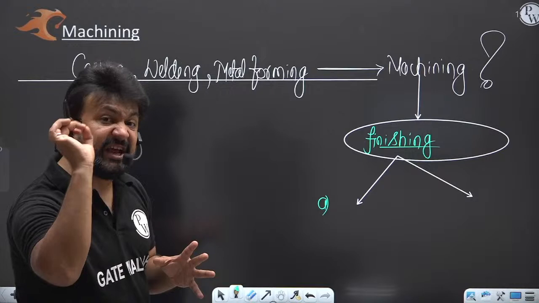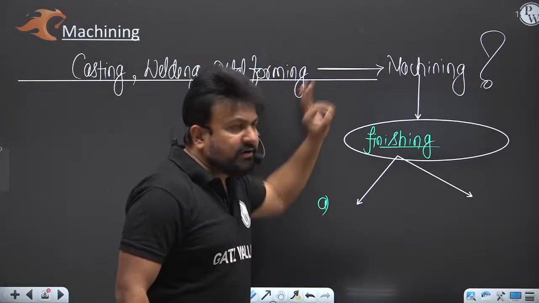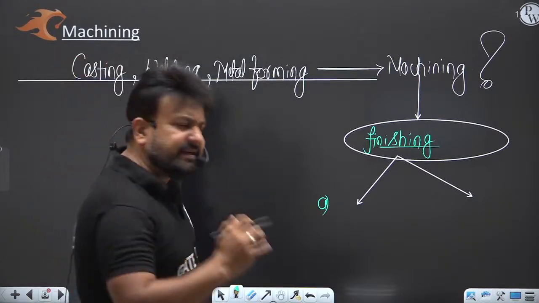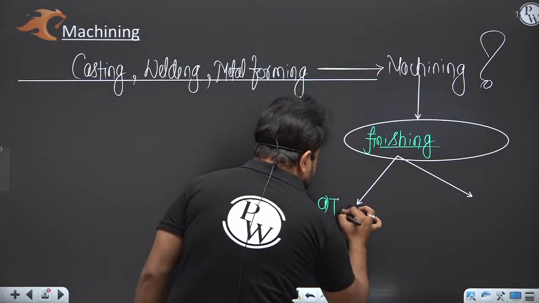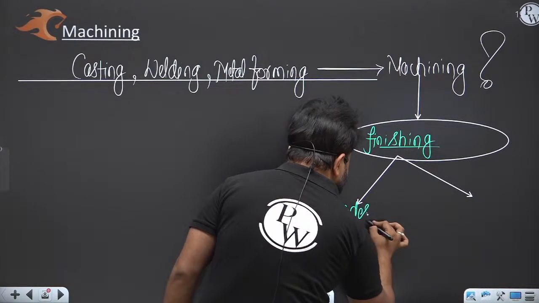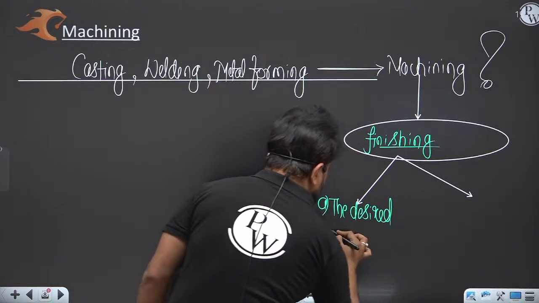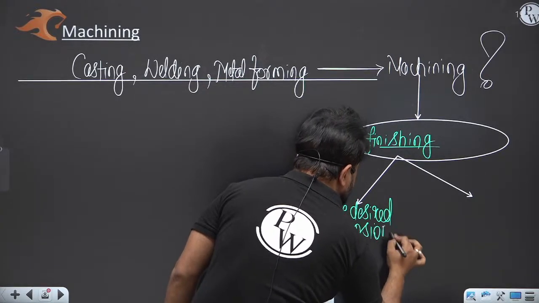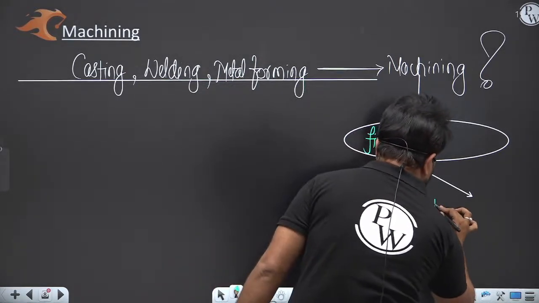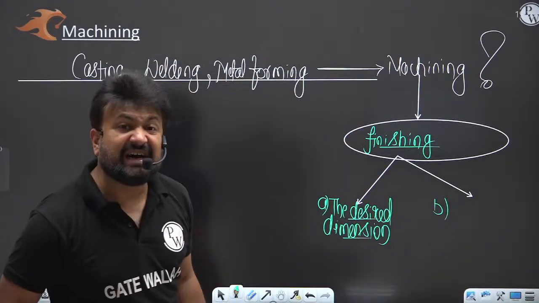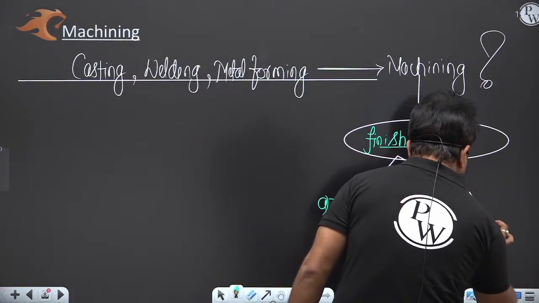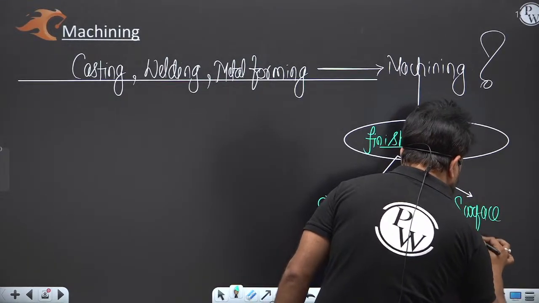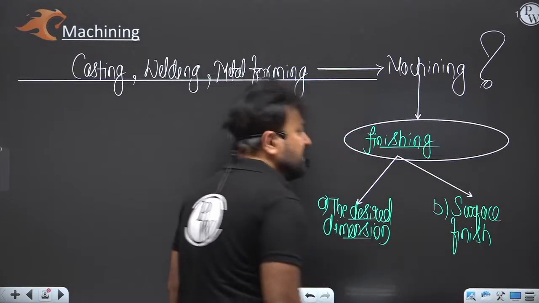The objective of machining in the finishing operation is, A, we get the desired dimension, and B, we get the surface finish. Yes or no?